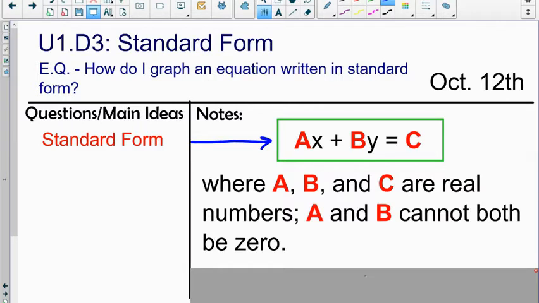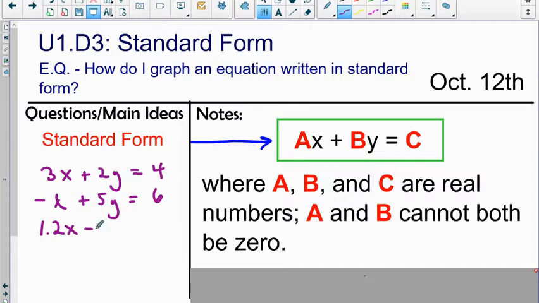Some examples of standard form might include 3x plus 2y equals 4, or negative x plus 5y equals 6, or even 1.2x minus 0.6y equals 71. They're still real numbers. As long as the x and the y are both on the left-hand side of the equal sign, it's considered standard form. Notice the x and the y are both on the left-hand side.